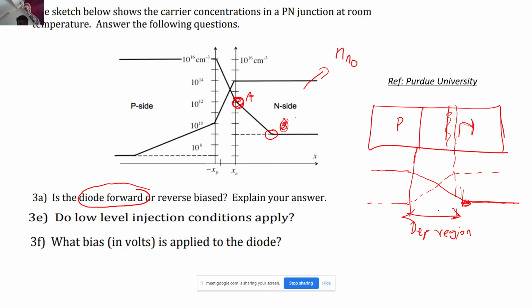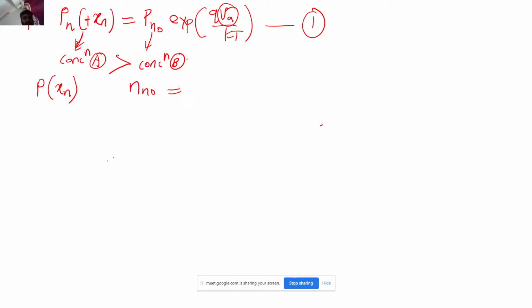Let me check the value of Nn naught. What is the value of Nn naught that they have given? It's around 10 to the power 9 cm to the power minus 3, correct?